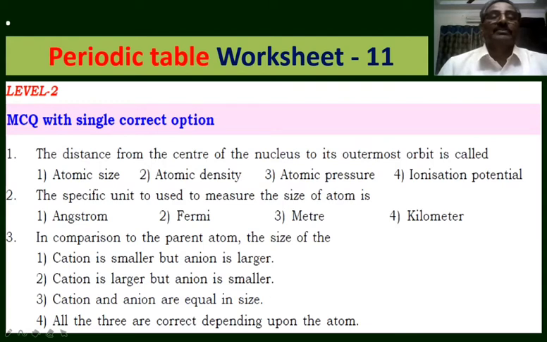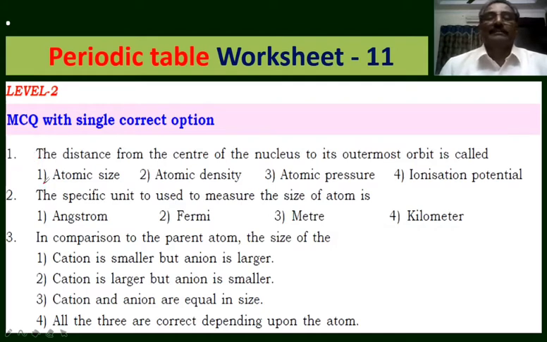The first few questions are multiple choice questions with single correct option. The first question is, the distance from the center of the nucleus to its outermost orbit is called atomic radius. But atomic radii are expressed to determine the size of the atom.